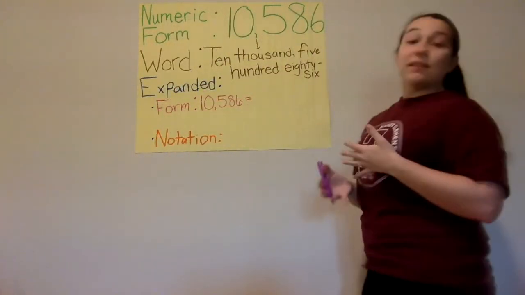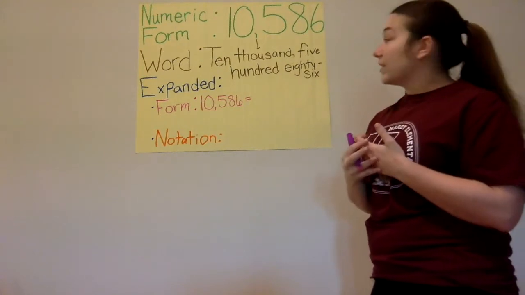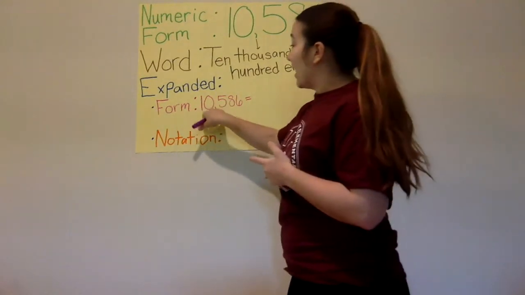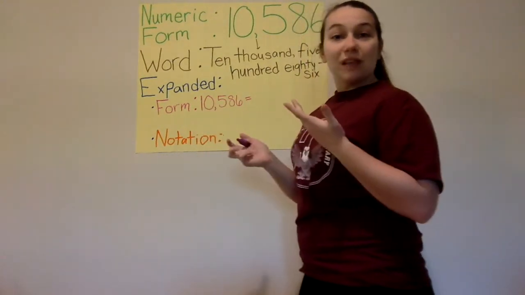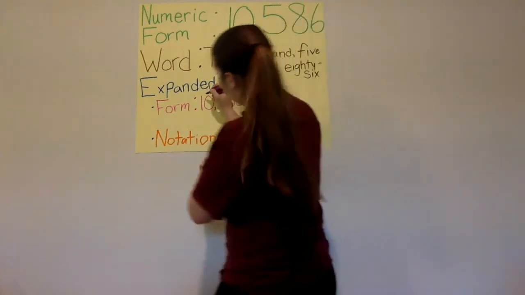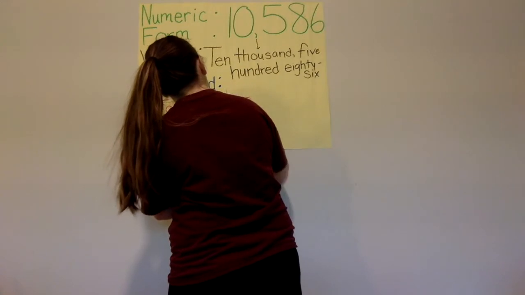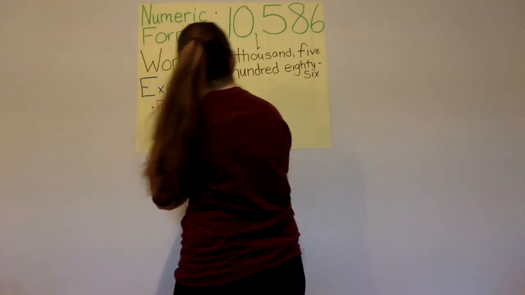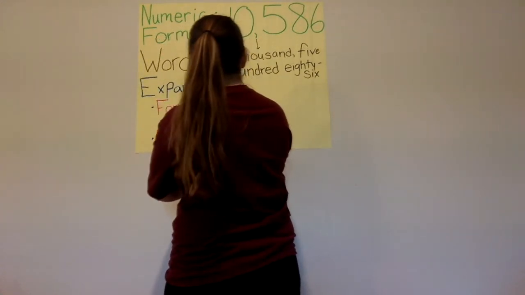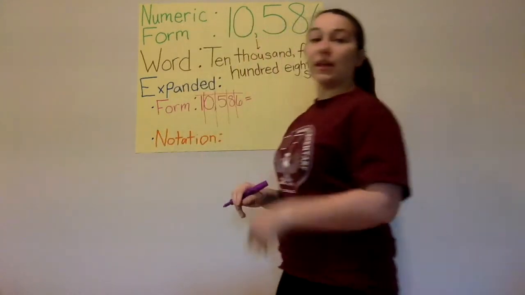And with expanded form, all you are trying to figure out is you are just breaking these numbers down. So something that may be beneficial is to create a place value chart. I did it right on here. You can do it separately.